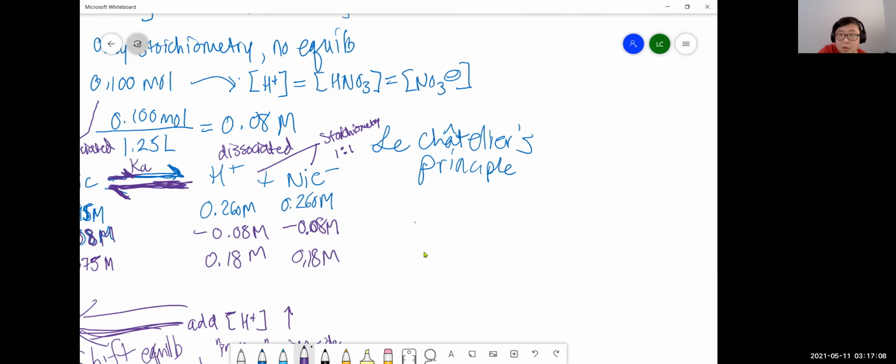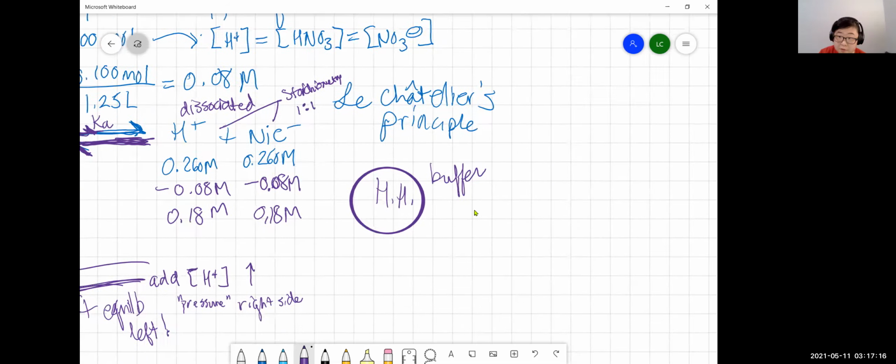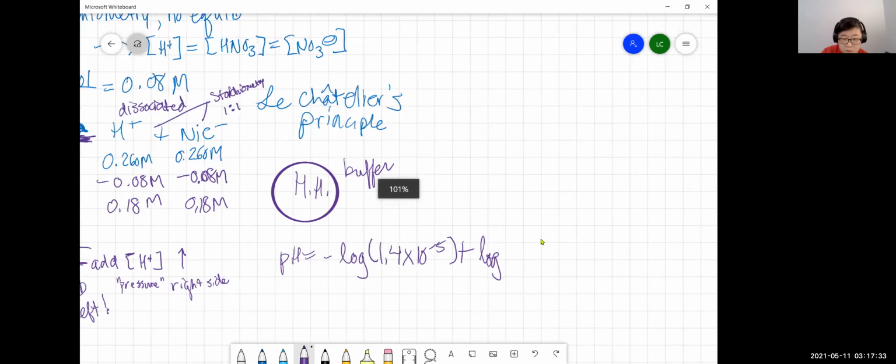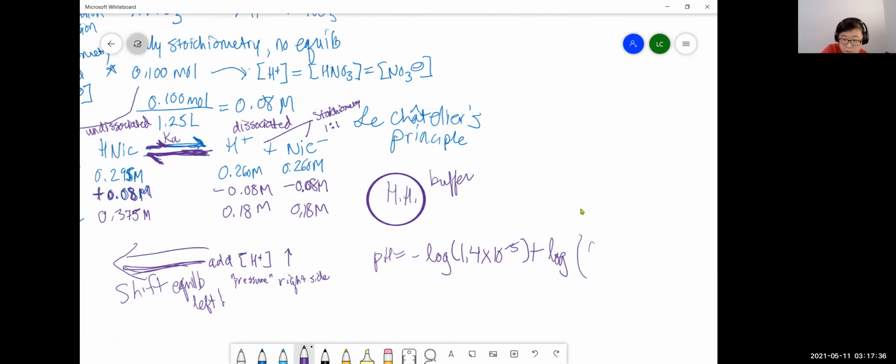And so once we do this, all we need to do is, I'm sorry, not Le Chatelier, Henderson-Hasselbalch, because this is for a buffer, and we were asked to calculate the pH of the buffer after this much was added. So all we need to do is pH equals negative log of the Ka value we had earlier, that doesn't change, plus log of 0.18 molar divided by 0.375 molar.